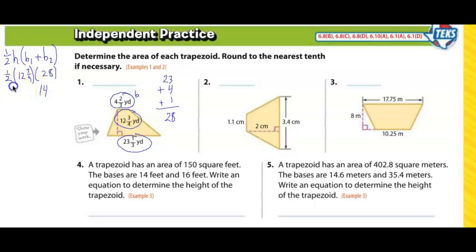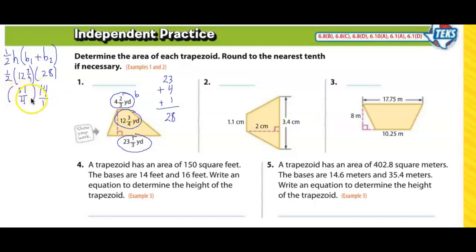Which leaves us with simply multiplying 14 times this number, which is a mixed number. So to do that, I have to make it into an improper fraction. 12 times 4 is 48 plus 3 is 51. So 51 is going to be the numerator and 4 will be the denominator.